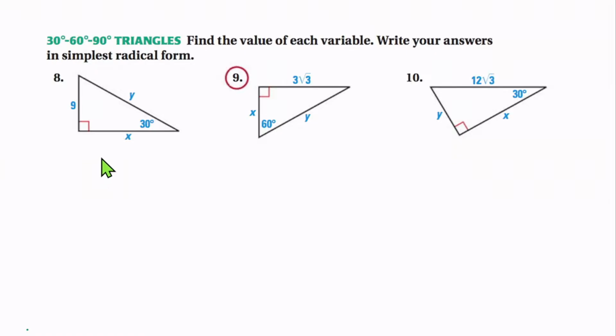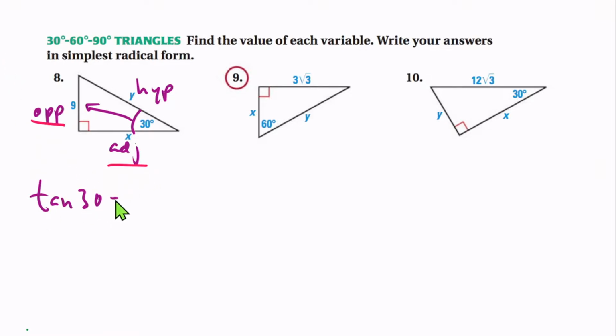Next up, we have these problems, and you really have to label opposite, adjacent, hypotenuse. To find x, we have to realize we're using the opposite and the adjacent, which is a tangent. And so the tangent of 30 will equal opposite over adjacent.